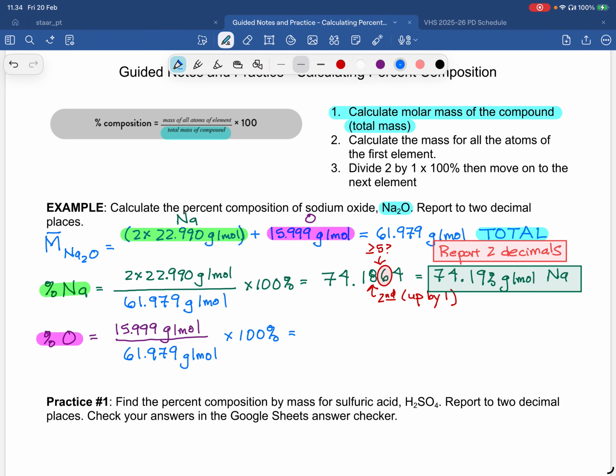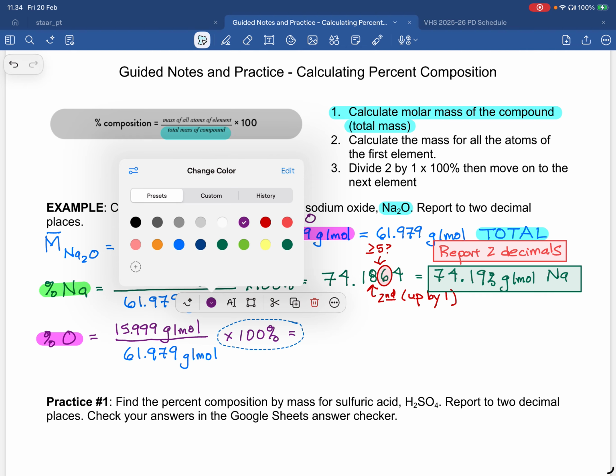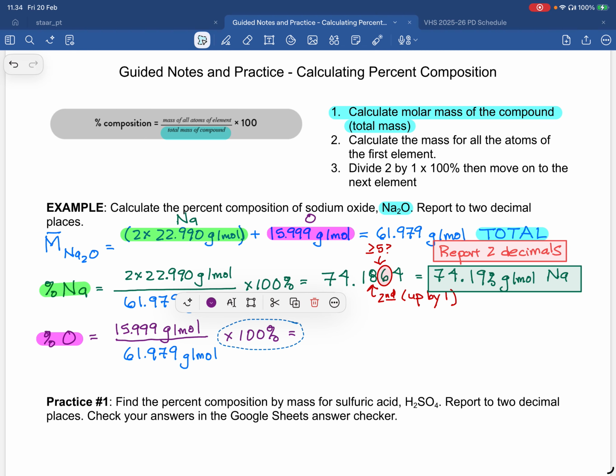Now, let's pound that out and see if we have any rounding issues of any kind. All right, so 15.999 divided by 61.979. That, and then when I multiply it by 100, that is going to give me 25.8135.